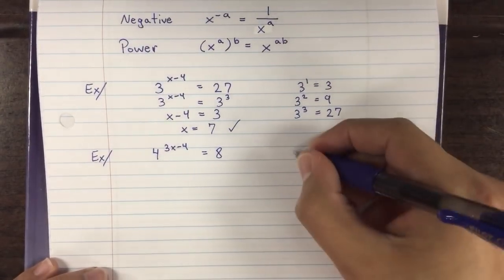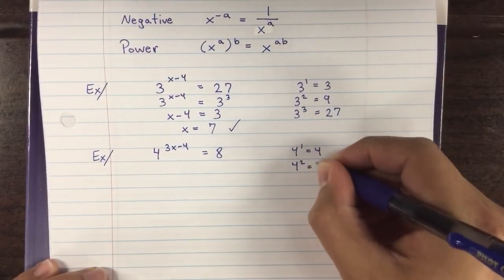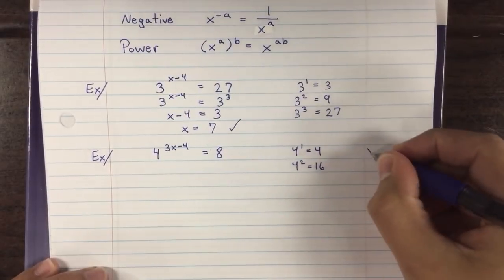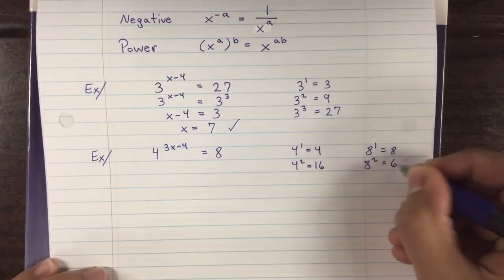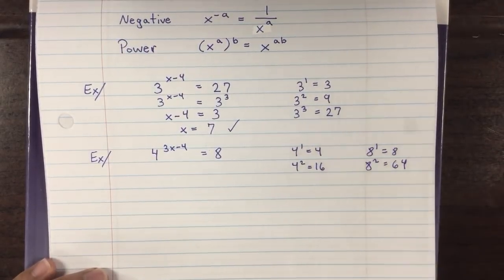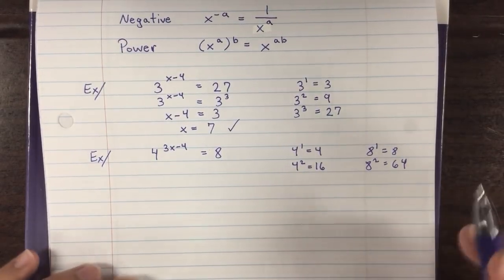Like, you have to think of your squares. So 4 to the first equals 4. 4 squared equals 16, right? So 16 looks good, but we're dealing with powers now. If we do 8 to the first, we know it's 8. If we do 8 squared, that's already 64. Our number is going to be humongous if we keep on going this route, right? So we don't want to do that.